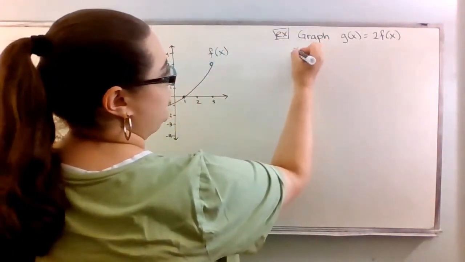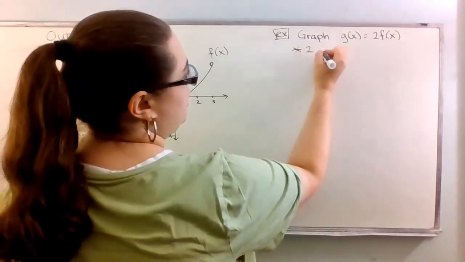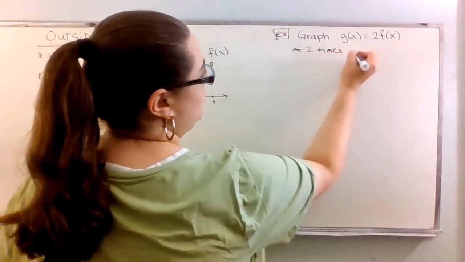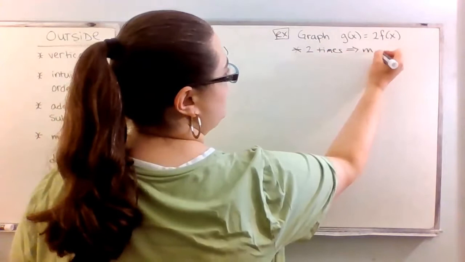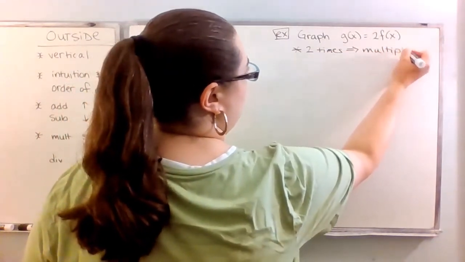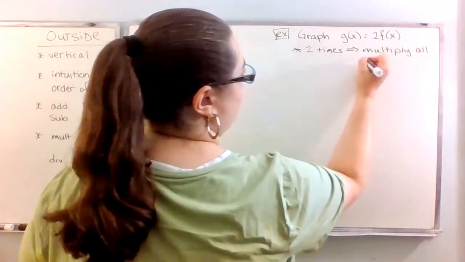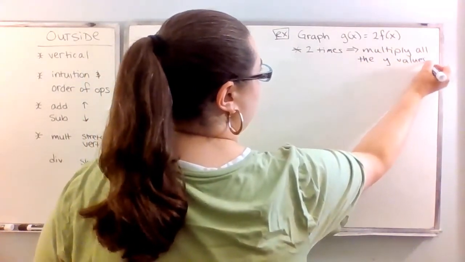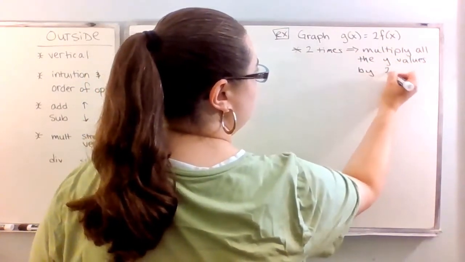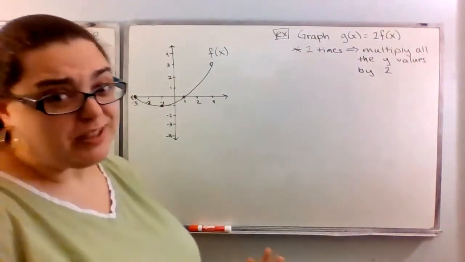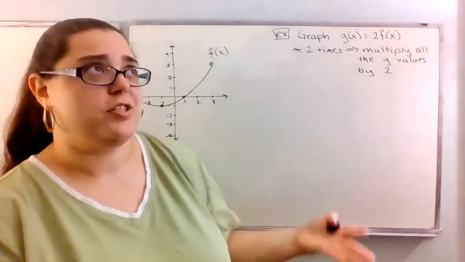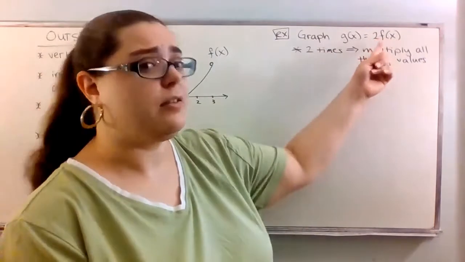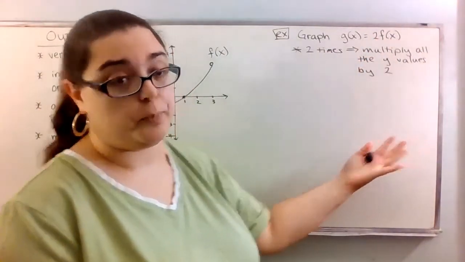So I'm going to give myself a little note here that we're going to have to multiply all the y values by 2. And this actually really makes sense because remember f of x just means y. So we have 2y here. So we're just multiplying the y's by 2.